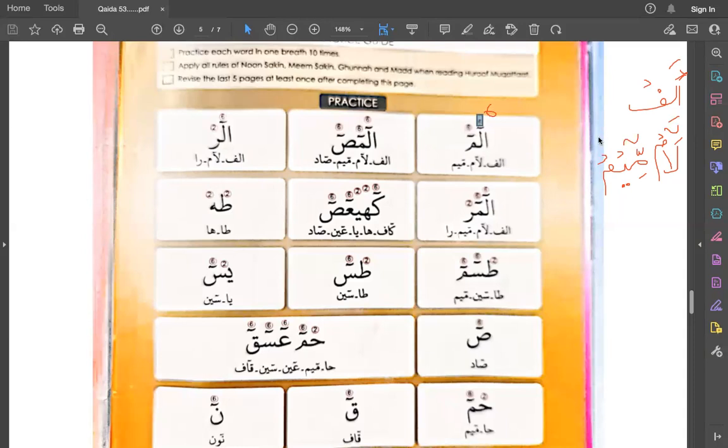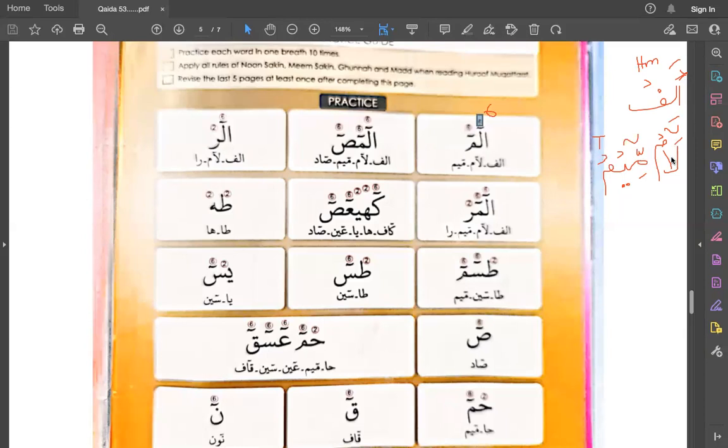And this mim will get sifa of tawassut. Here there will be hums. Alif, there will be hums. And this will be idgham, and there will be tawassut.